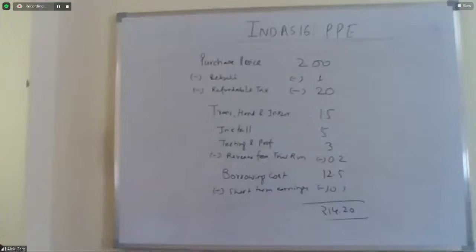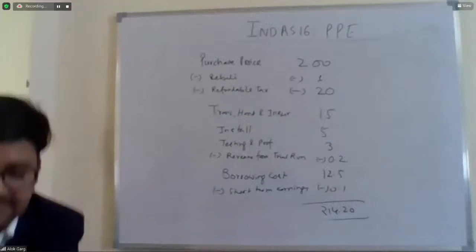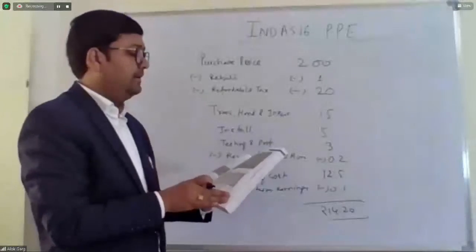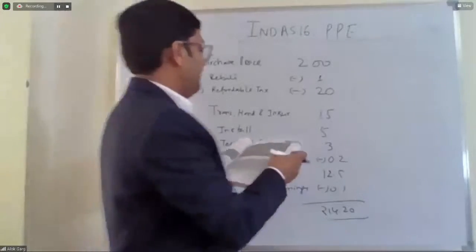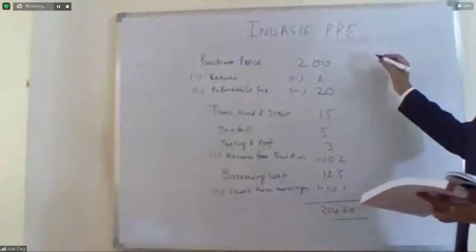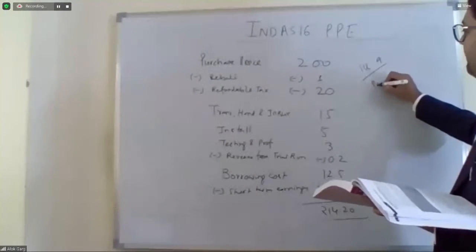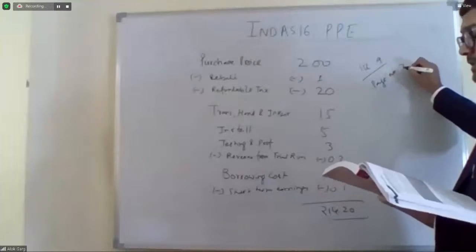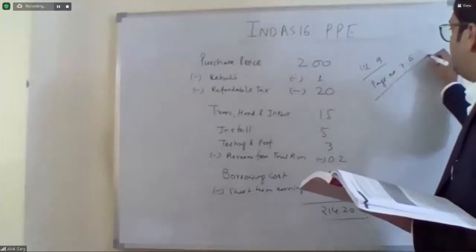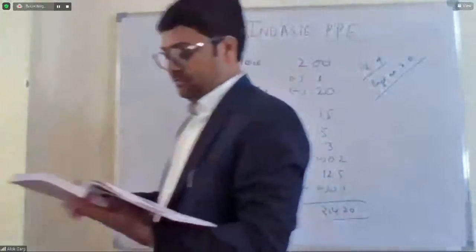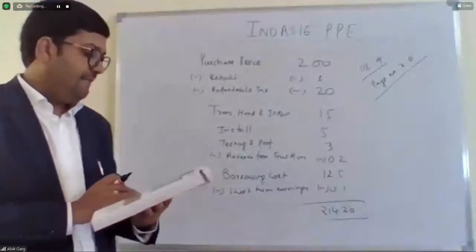Yes, Ambika, the PowerPoint presentation will be uploaded today or tomorrow in the Board of Studies portal. So friends, please write down the homework. You have to do illustration number 9 at page number 7.55, which talks about element of cost.